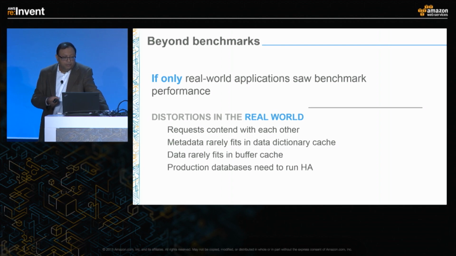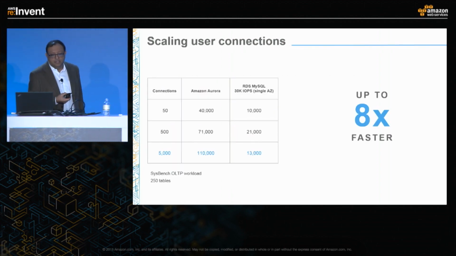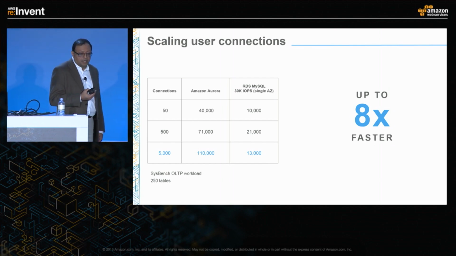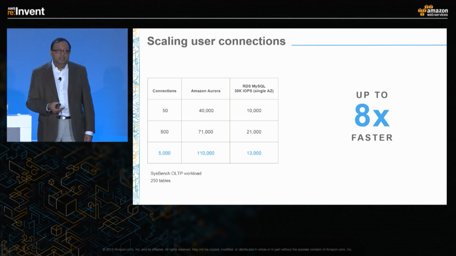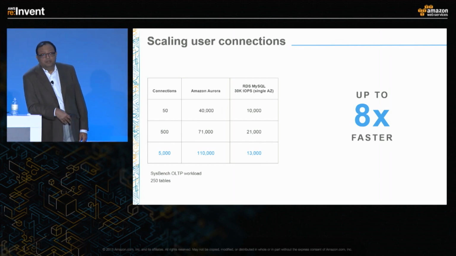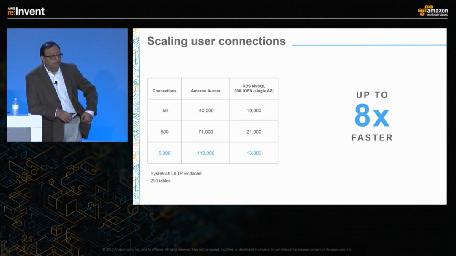Here we're looking at user connection scaling going up from 50 to 5,000 using Aurora. As you'd expect, we're seeing increased throughput because Aurora is really very much about generating far higher throughput. This is using the OLTP workload from Sysbench, which has a fair bit of contention baked in, with 250 tables.